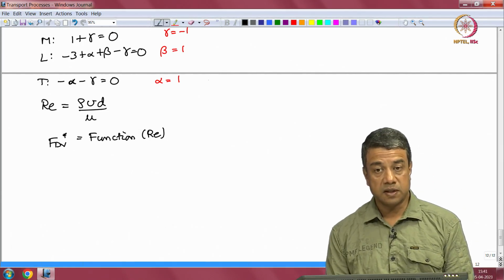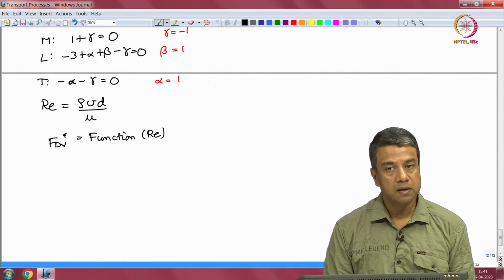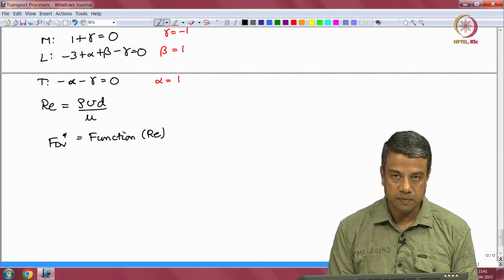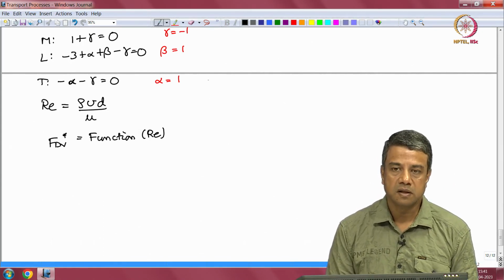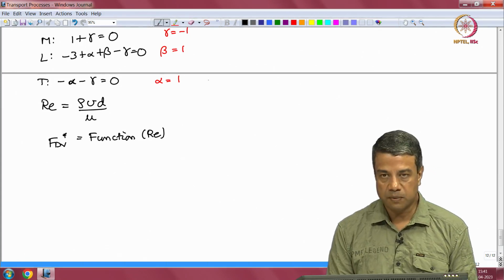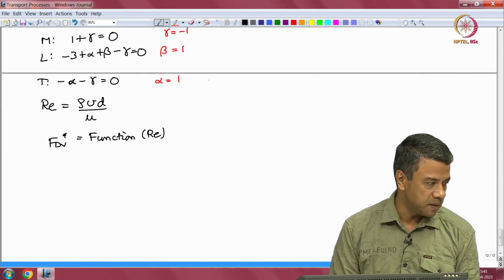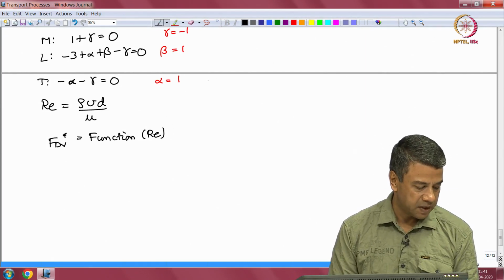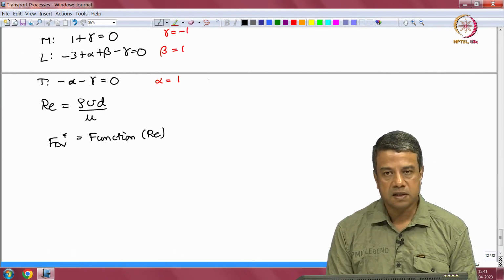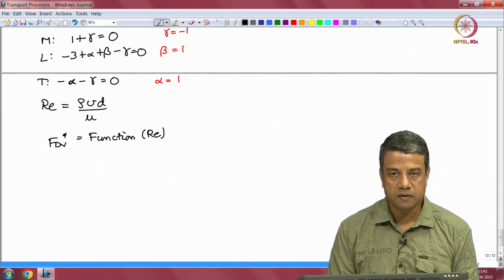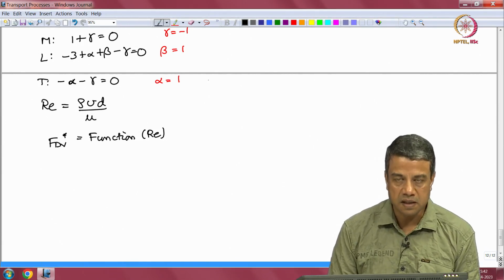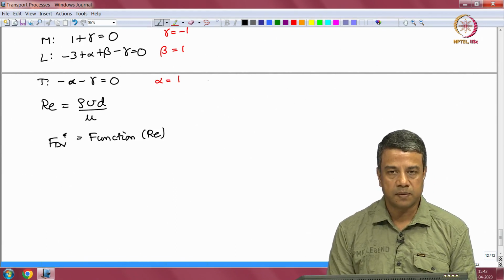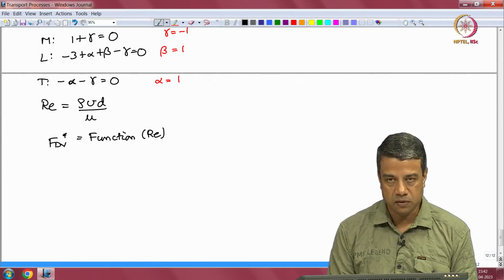Whereas my original expression had 5 quantities, 1 dependent and 4 independent, using dimensional analysis I have reduced it to just 2 quantities, 2 dimensionless groups, 1 dependent and 1 independent. So, that is the big advantage of using dimensional analysis. You can significantly reduce the complexity in a problem by expressing it only in terms of dimensionless groups.